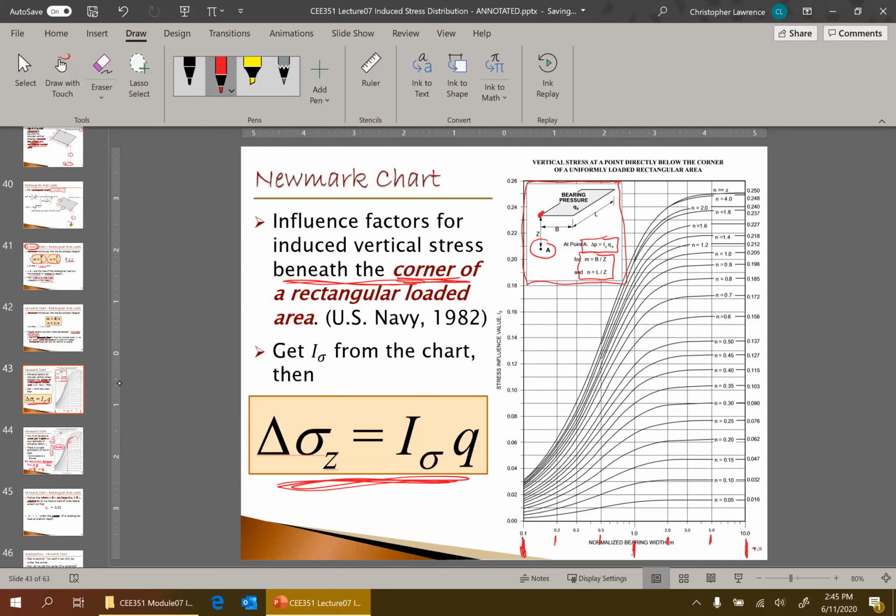If I said M equals 1.5, that's not right in the middle. That's about 2/3. M equals 1.5 is about 2/3 from 1 to 2. Use that to help you estimate. So what if M equals 1.5 and N equals 3? I come up here and M equals 1.5 is about 2/3.